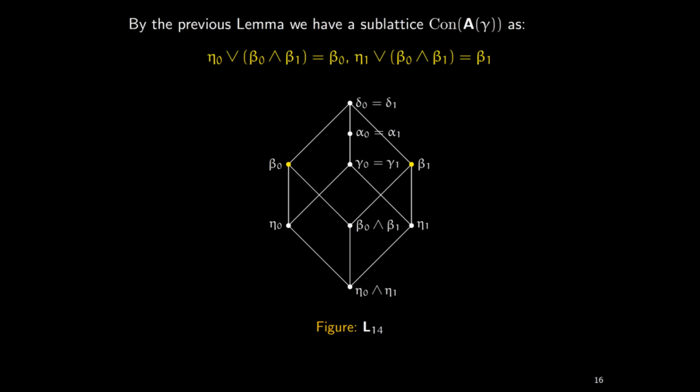We have basically proved that the congruence variety generated by N5 includes L14, that for standard lattices is a strict covering of the variety generated by N5. So we have already proved that the variety generated by N5 is not a congruence variety.